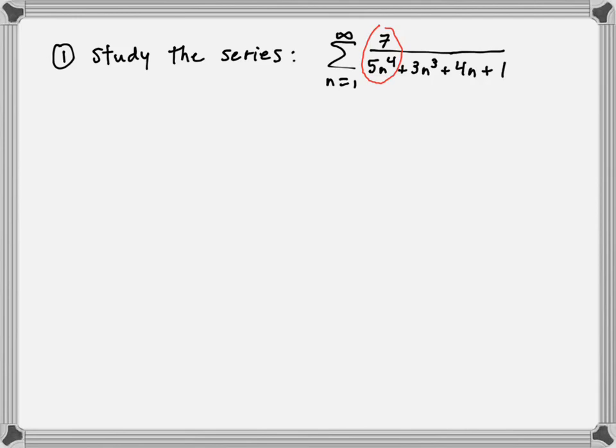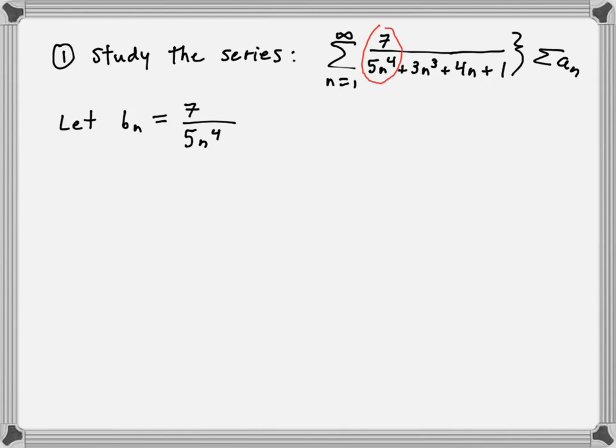Okay, so what I'm going to do is choose another series. If this whole thing we call a_n, then let's let b_n be as follows: 7 over 5n to the 4th. Okay, so this is the series that I'm going to study. Now we need to compare them.